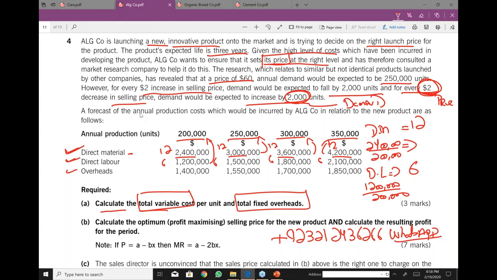If your cost per unit is constant, it's a pure variable cost. But when your cost per unit is not constant, it's a semi variable cost. So you can check here for overheads, 1400 divided by 200, and your per unit is coming 7.